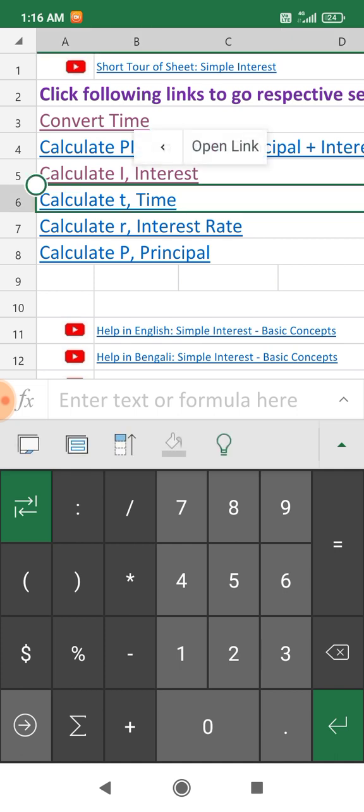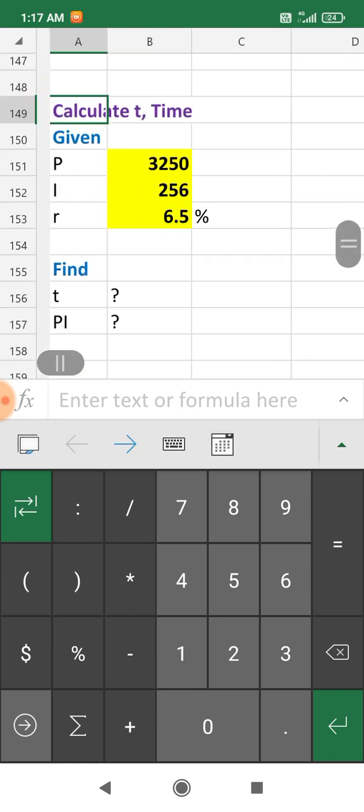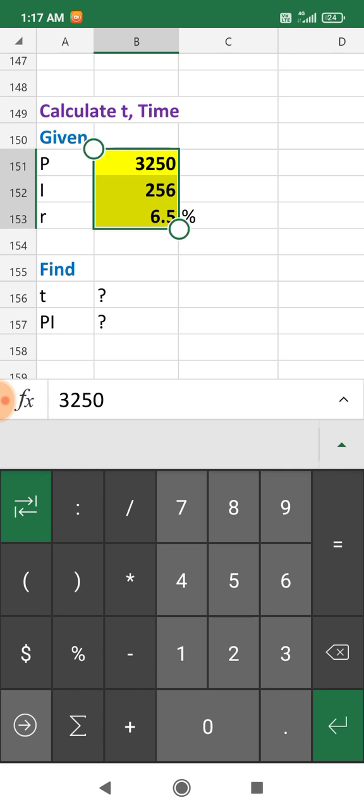Calculating time t means you have to calculate for how much time you have to invest, or how much time you have already invested. In that case, how do you calculate this? For this purpose, these three values should be given.